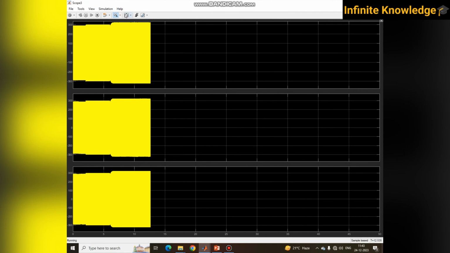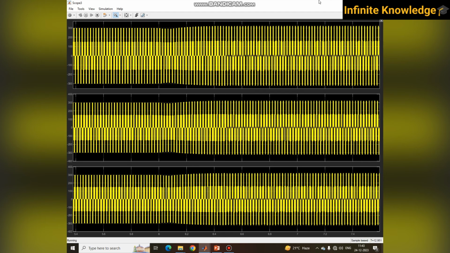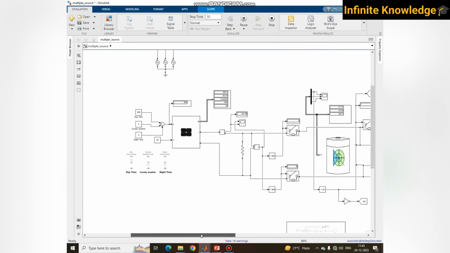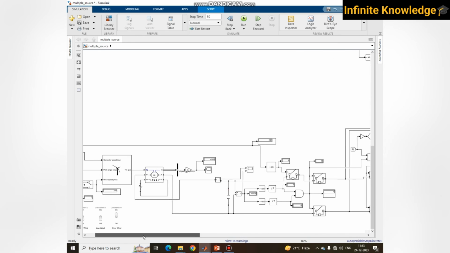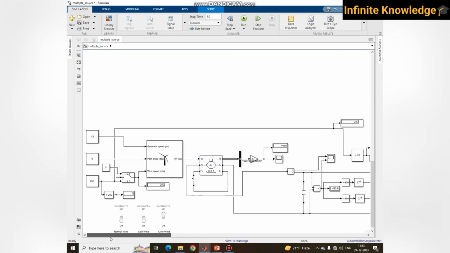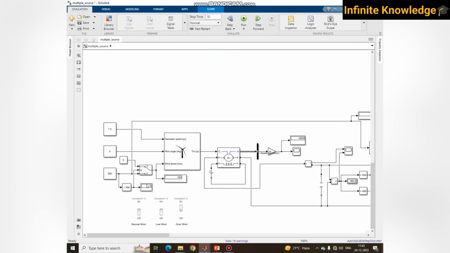Okay, there is some variation. If you just want to isolate your turbine, I have used this signal also. If your breaker is on, it means you need to isolate on overwind speed by this signaling switch.